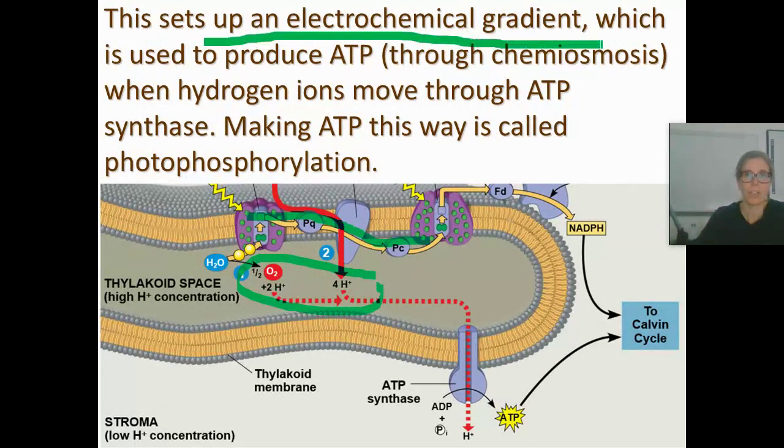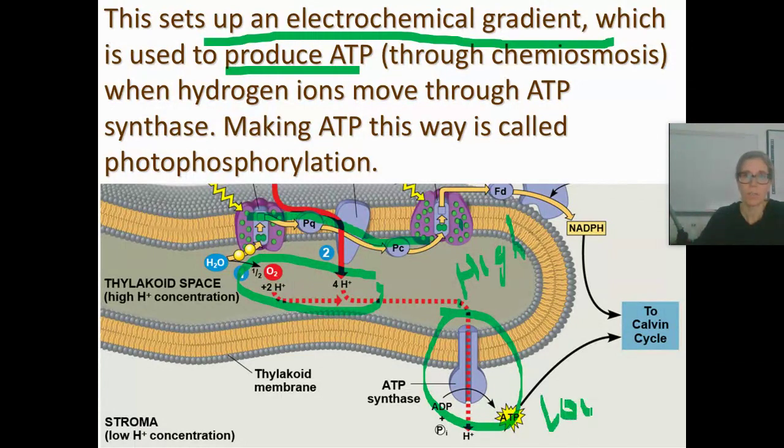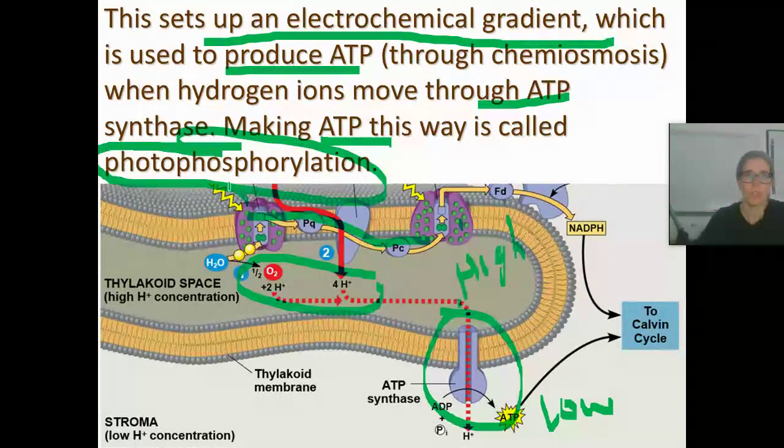So this sets up an electrochemical gradient, which is used to produce ATP. This is still called chemiosmosis because the protons are going from high concentration here out to low concentration here. When the hydrogen ions move through ATP synthase, they twist the molecule just like you saw in cellular respiration. ATP made this way is called photophosphorylation because you need light and you don't need oxygen.